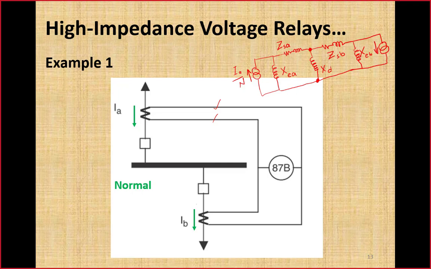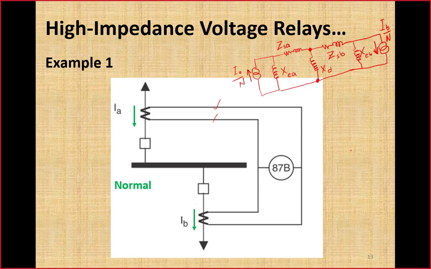Its magnitude will be IB over N, the CT ratio. As the CT ratio is the same, the current flowing towards the bus and away from the bus is also the same. So IA over N and IB over N will be equal, in the direction I have shown in this diagram.